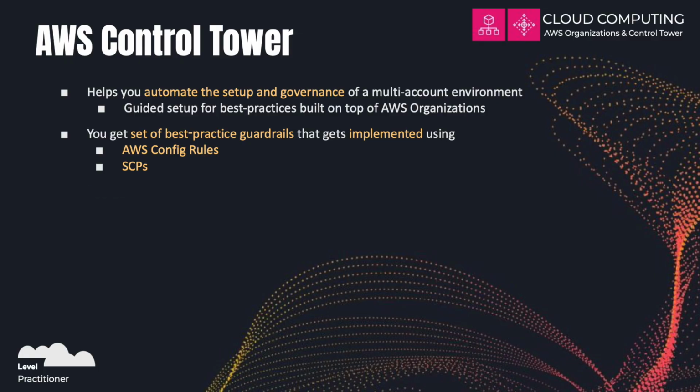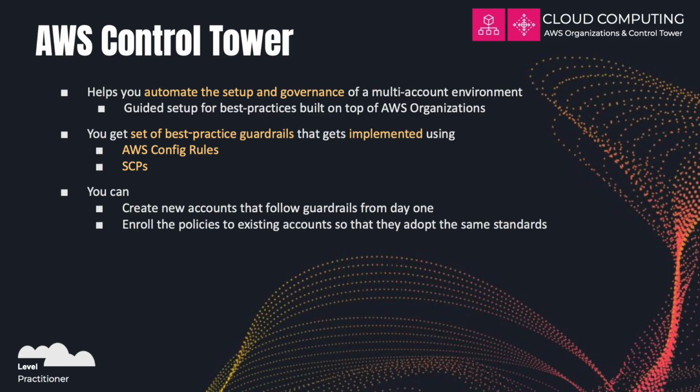It gives you the ability to create new accounts that automatically follow these guardrails from day one, and of course, the option to enroll existing accounts so they start following the same standards as the rest. The idea is it makes it easier to get a strong, consistent multi-account foundation without manually wiring up every rule and policy yourself.